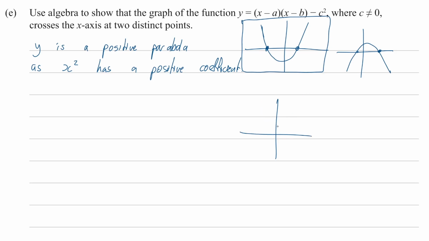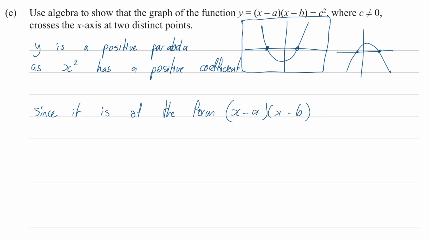However, we are given A and B, minus A minus B, which means, since it is of the form x minus A, x minus B, so ignoring minus c squared for a second, it has two distinct roots.